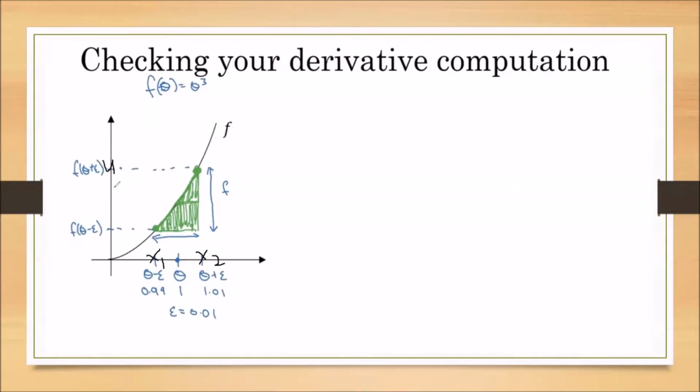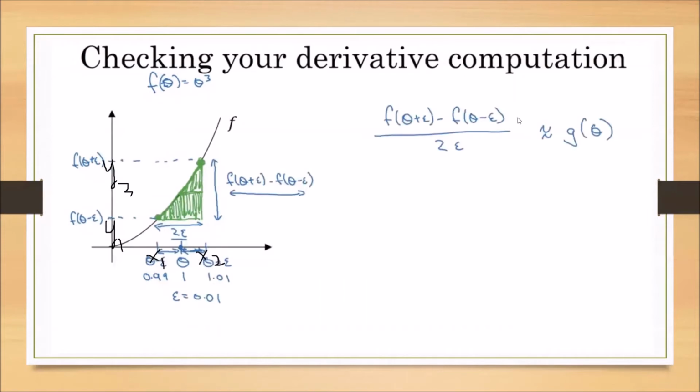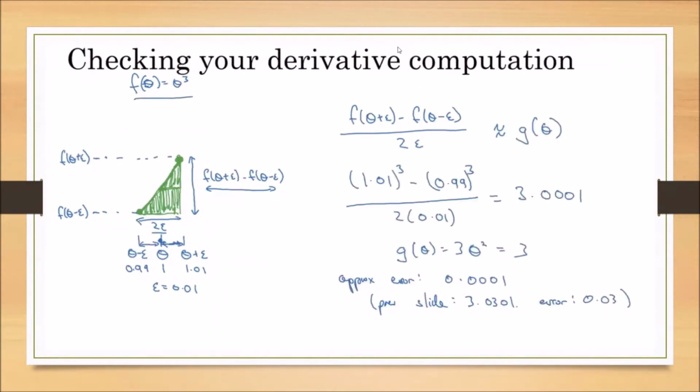Then f of theta plus epsilon is y2, and f of theta minus epsilon is y1. Now y2 minus y1 over x2 minus x1 is nothing but f of theta plus epsilon minus f of theta minus epsilon by 2 epsilon.